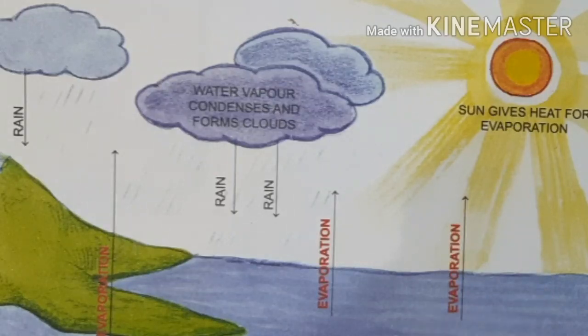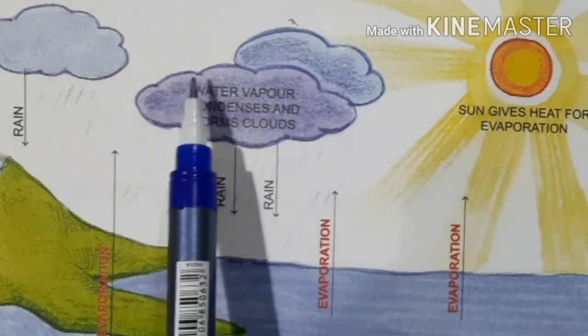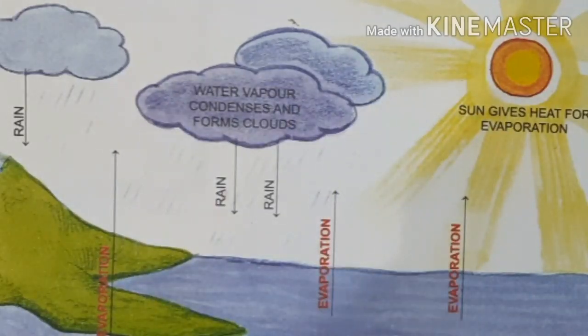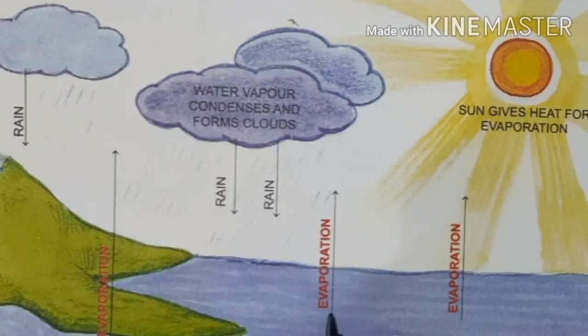So if there is too much cloud in the atmosphere, the heat energy reaching the Earth's surface will be less. The formation of clouds is related to the amount of evaporation. More evaporation means more clouds will be formed.